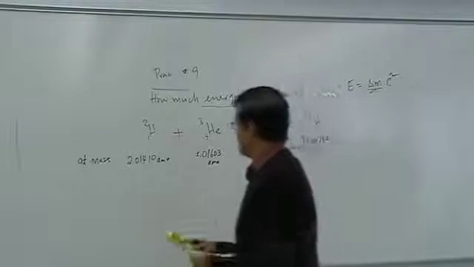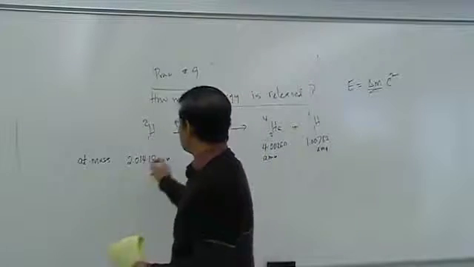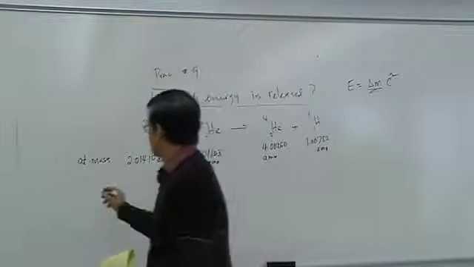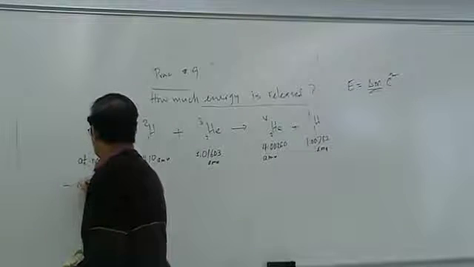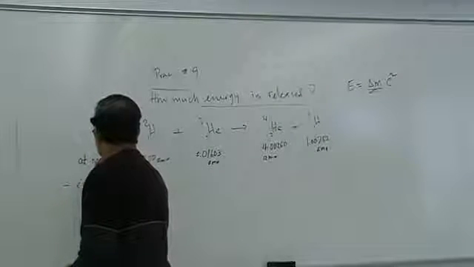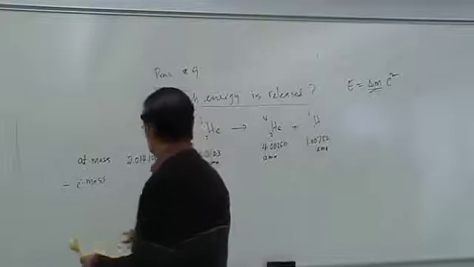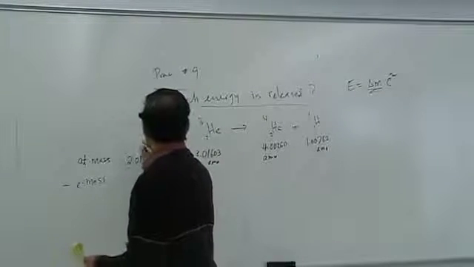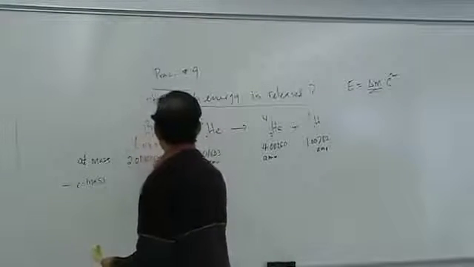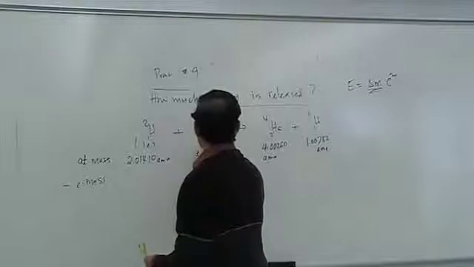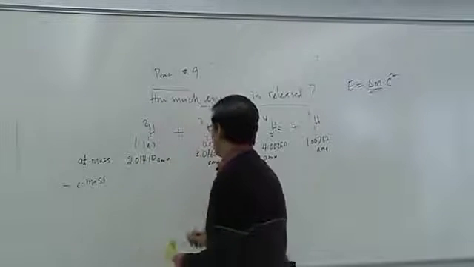So let's figure it out here. These are atomic masses, so I must subtract the electron mass. You have to get that value from the book. Now this has 1 electron, so let's write down here: 1 electron here, 2 electrons here, because 2 protons must have 2 electrons.